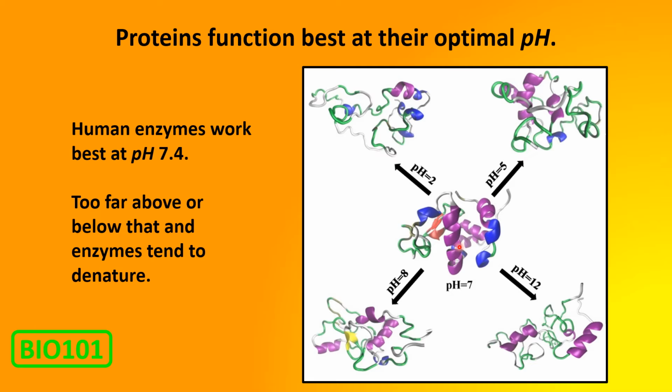And if you go too far above neutral, pH 8 even, which is right one step over, but remember the pH scale jumps up by tenfold each step of the way. So at pH 8 and pH 12, your proteins, enzymes, which are proteins, denature and cease to function properly. Okay?